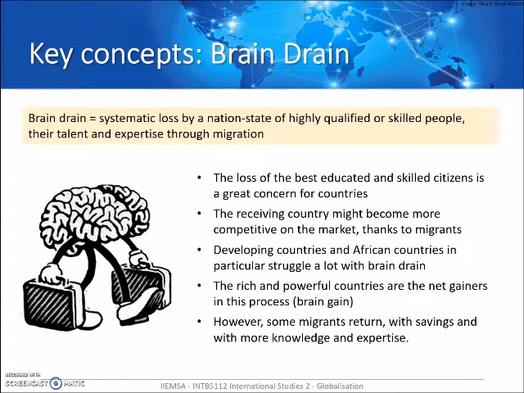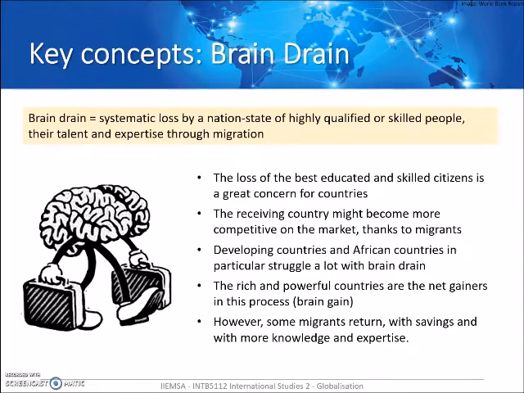People might be migrating and leaving the country with too low a level of skilled people in that specific area. Obviously, the rich and powerful countries are the net gainers of this process, and we also call it brain gain, because they're the ones that get the best people from all over the world, because they can offer better jobs and better salaries.